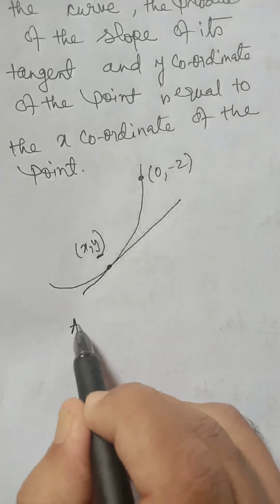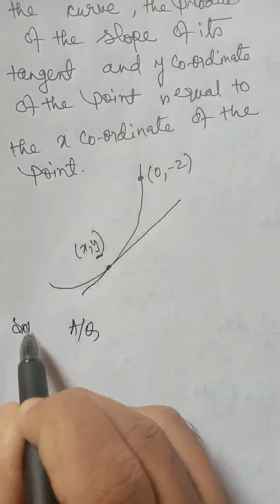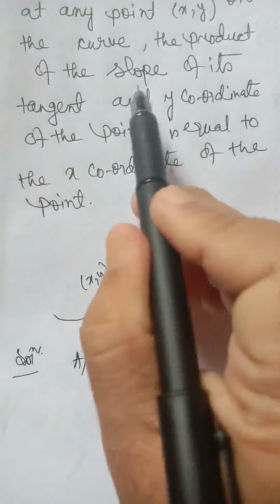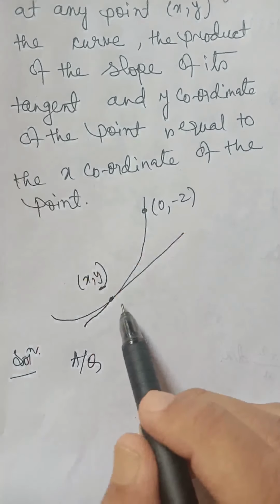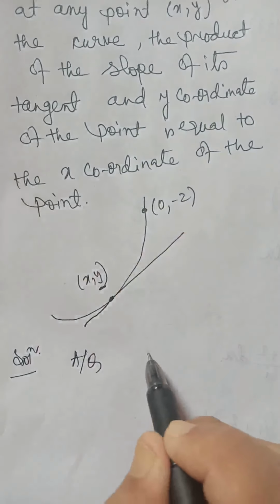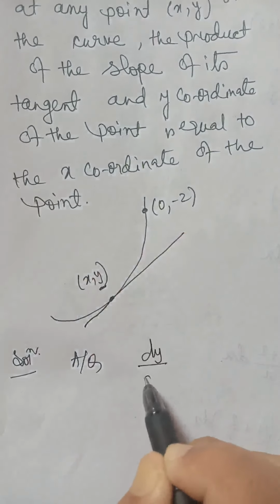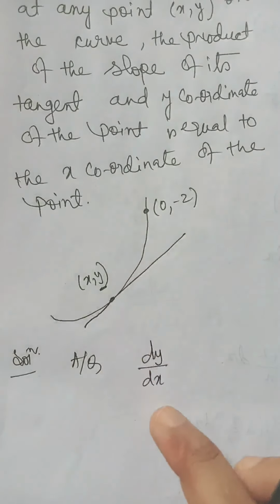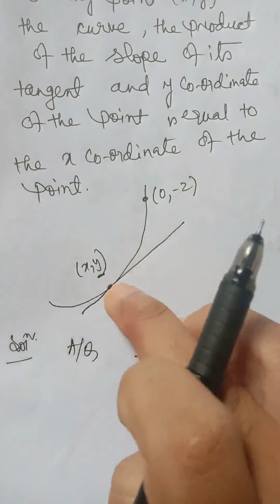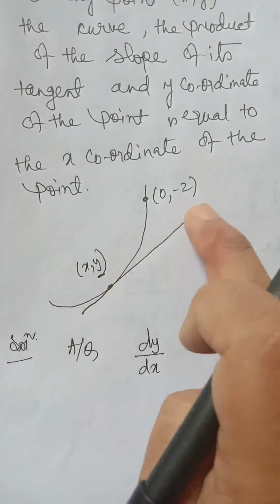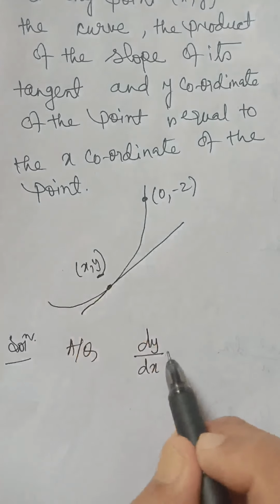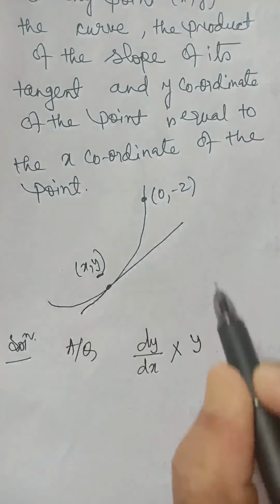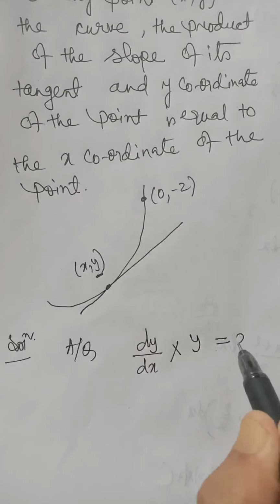So according to the question, what is given? The product of the slope of the tangent, and the slope of the tangent is dy/dx at (x, y), into the y coordinate of the point, is equal to the x coordinate of the point.